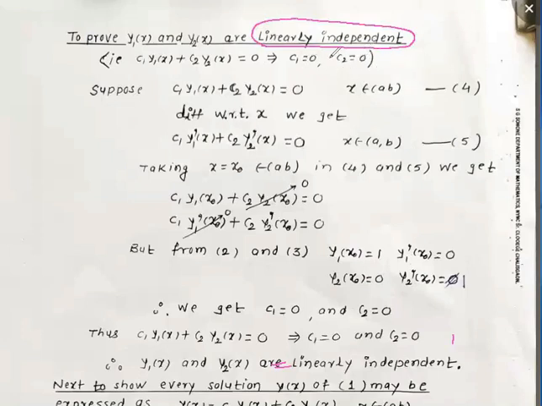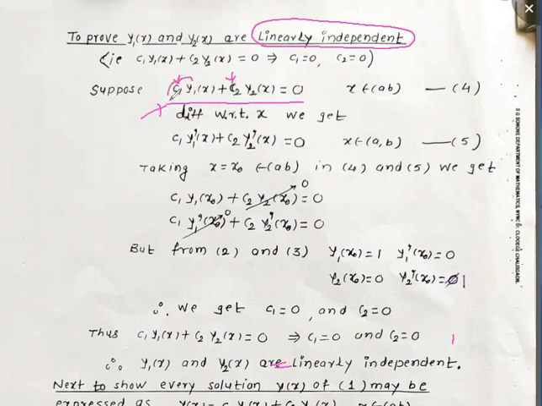How do we prove two solutions are linearly independent? Consider their linear combination, and if you show that the two constants c1 and c2 are 0, then by definition y1 and y2 are linearly independent. First of all, consider this linear combination c1y1(x) plus c2y2(x) equal to 0 and show that c1 is 0 and c2 is also 0.